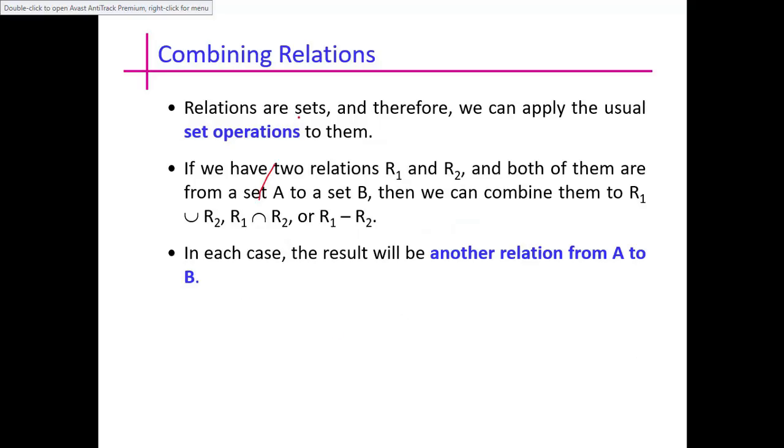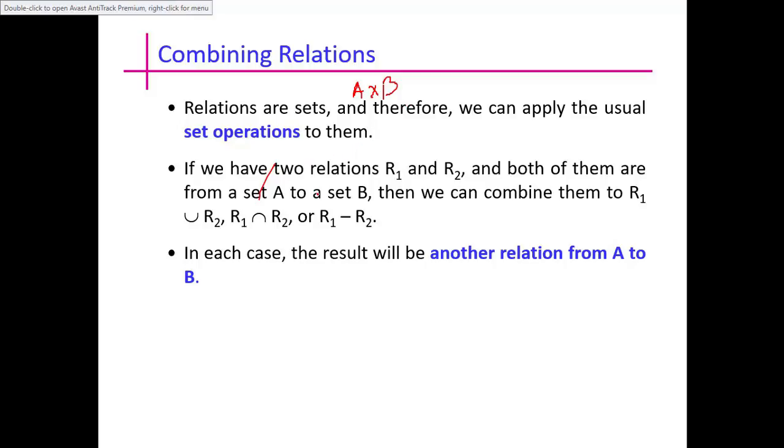Now we see here that relations can be combined, and since these relations are basically subsets of a Cartesian product A cross B, they also behave as sets. So set operations are valid on these relations.